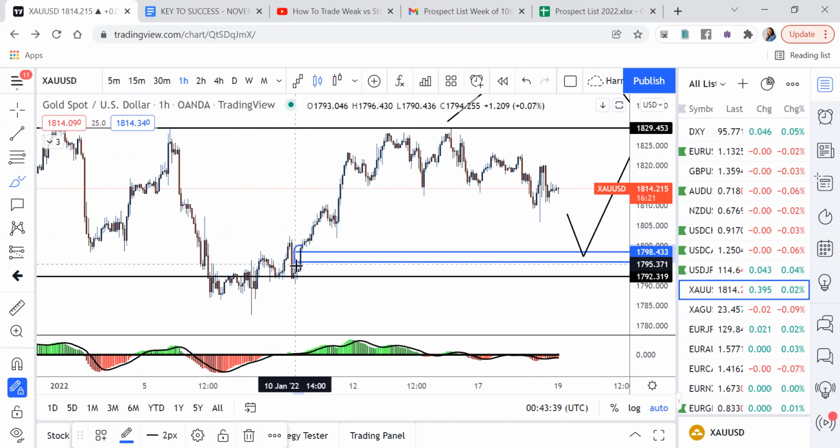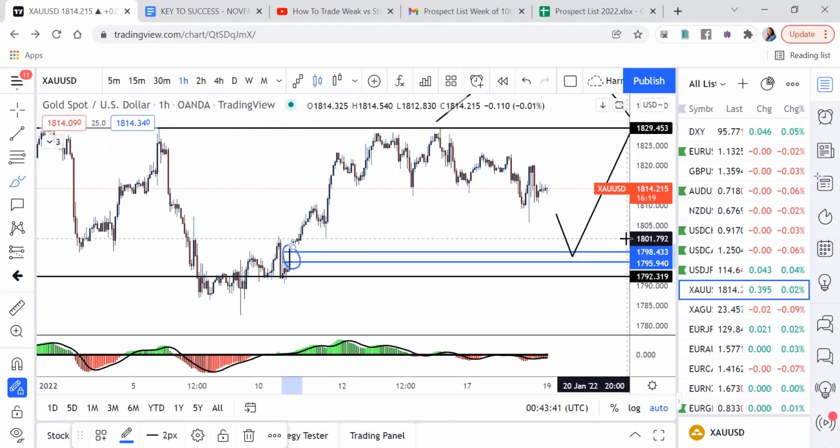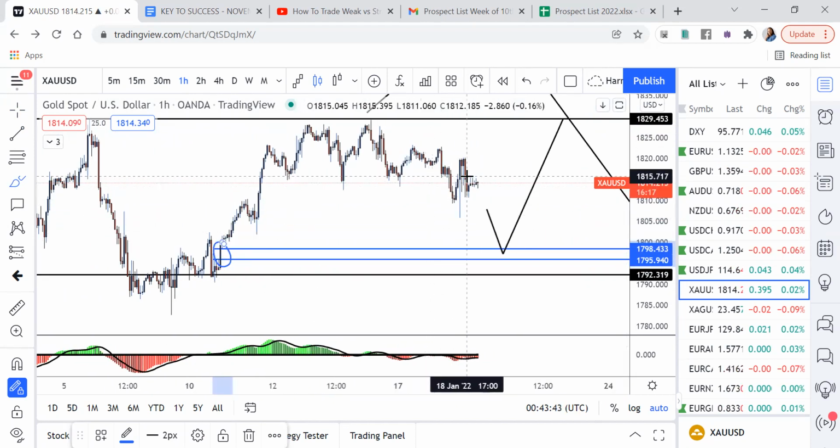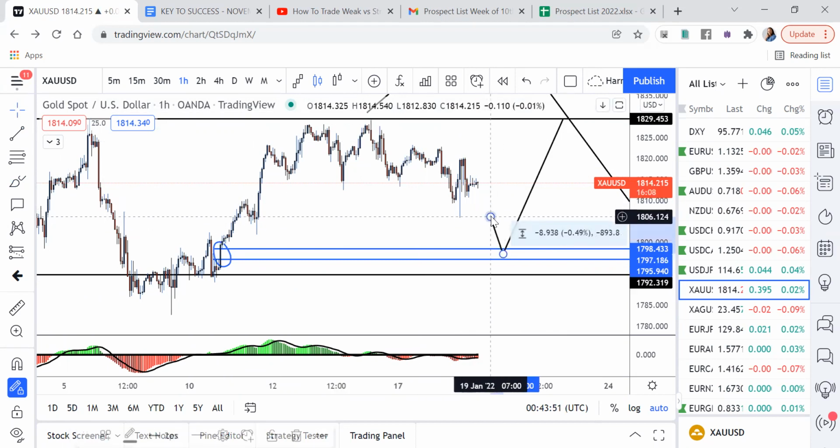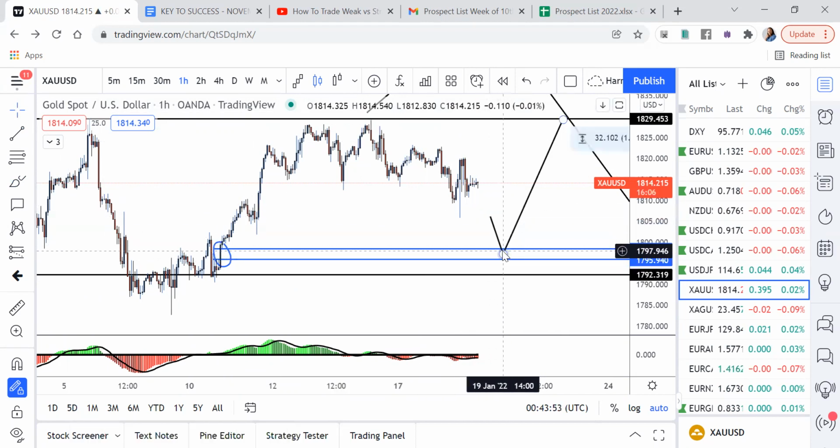Everybody could see the imbalance candle. All right. I could see gold coming into this zone, retesting here, and then going to the upside. So I would wait to see what happens here around the start of New York. At the start of New York session, if I can see some exhaustion around that imbalance candle, then I will happily take the buy.